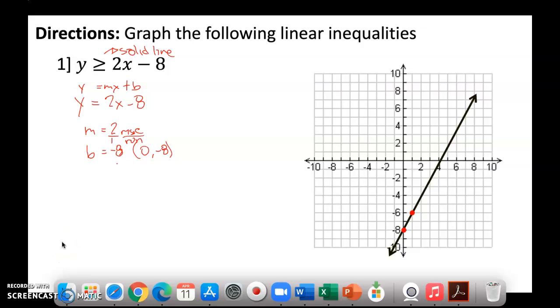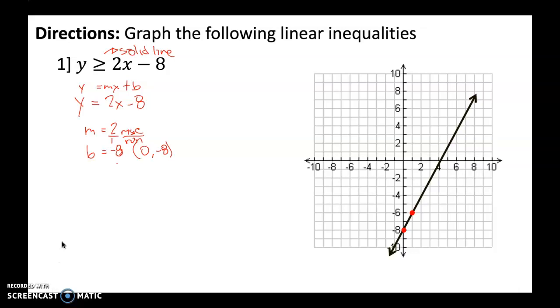Usually we use the point of origin, or ordered pair (0, 0), to test if the given test point is a solution or not. If the test point is a solution, we put the half plane including the test point. If not, we use the other side of the plane.